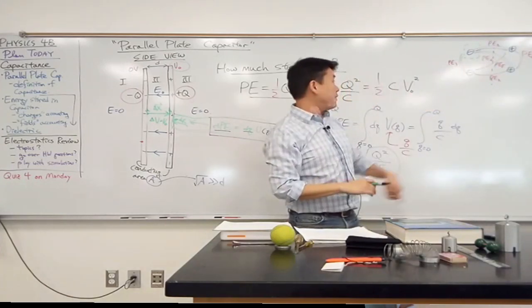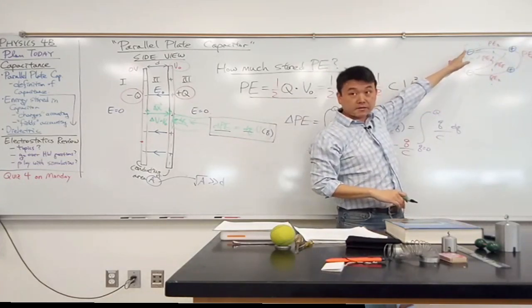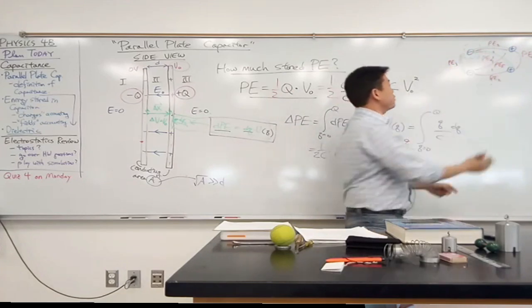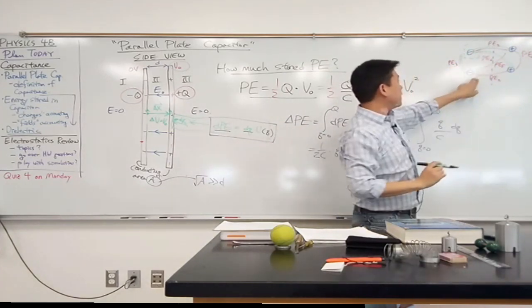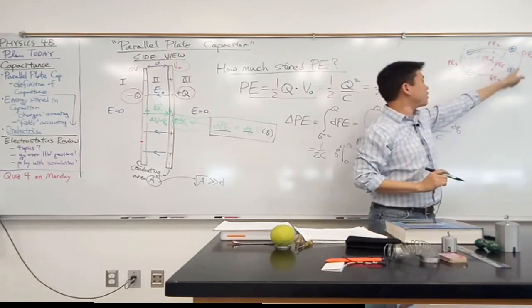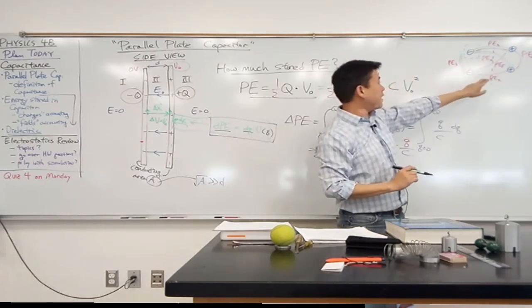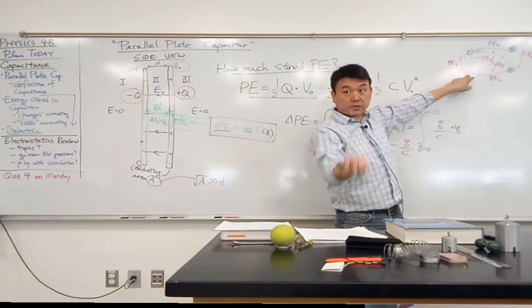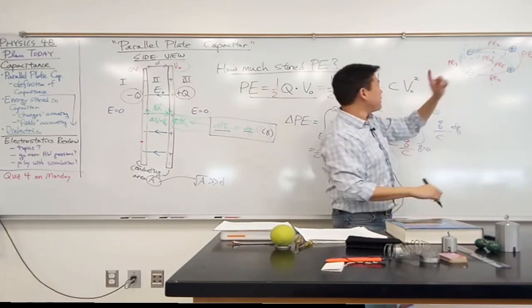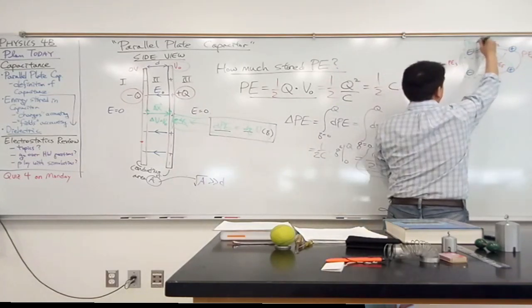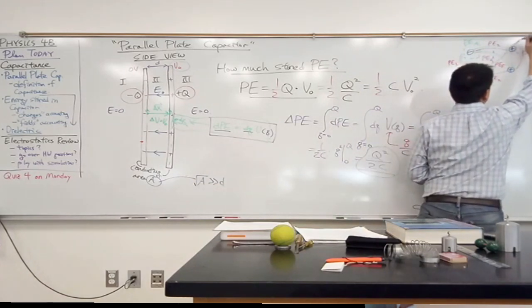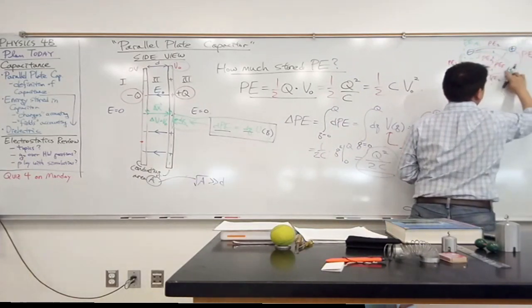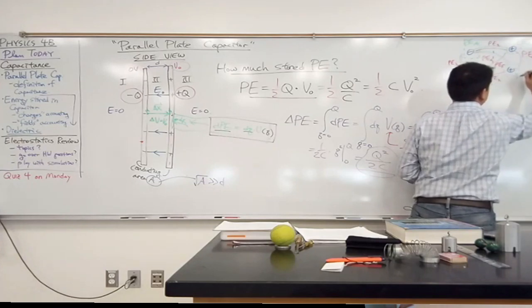But when you do that, you didn't count all the pairs, so you do it for the other charges also. You imagine doing the same thing for this charge: calculate the electric potential due to these 3 other charges, multiply this charge by that voltage, and get some number. Let me call this PA, potential energy B, and do it here, potential energy C, and potential energy D.